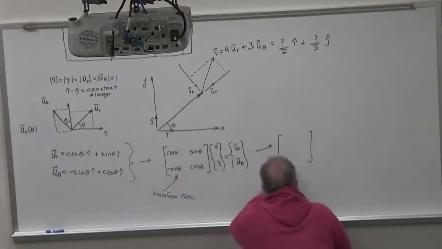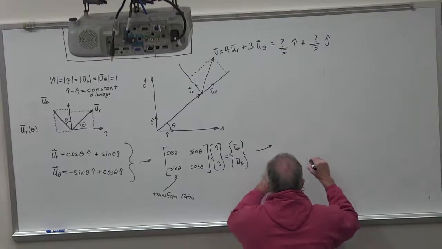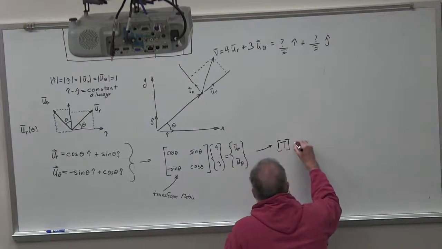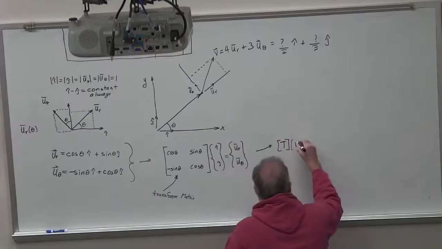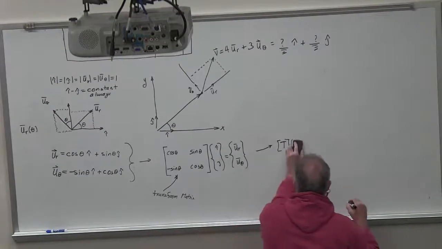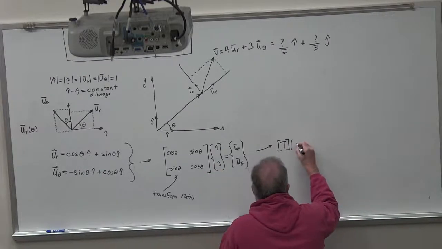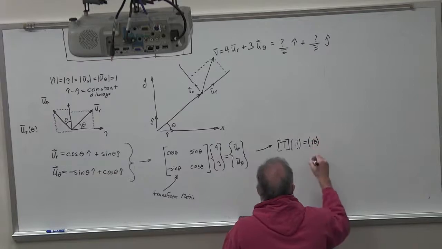I'll call this matrix K or T, a transformation matrix, times, I'll call this vector ij. I don't know what to call this thing, but this will be the vector ij, which is equal to u_r, u_theta.